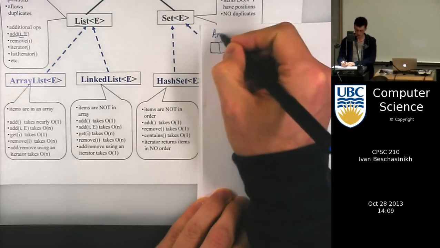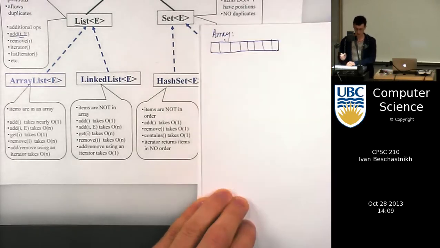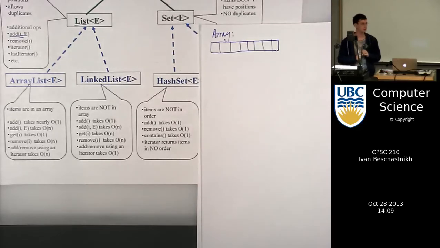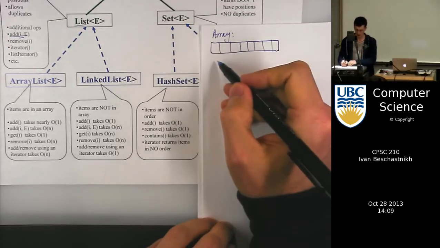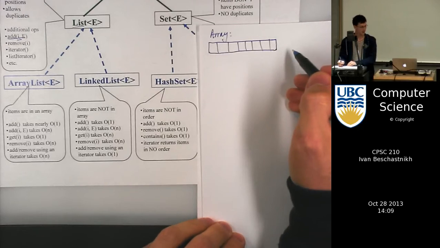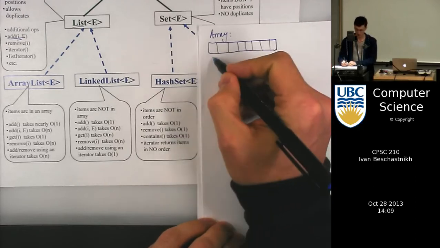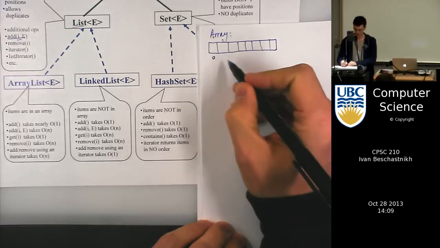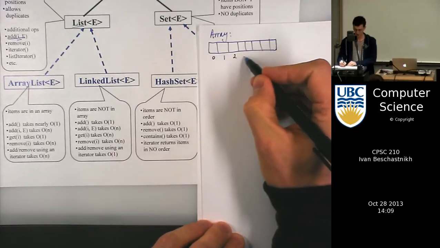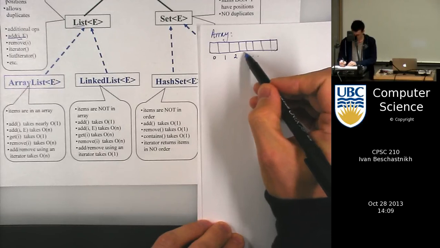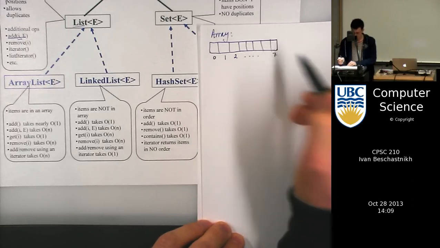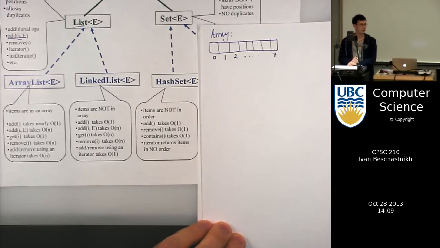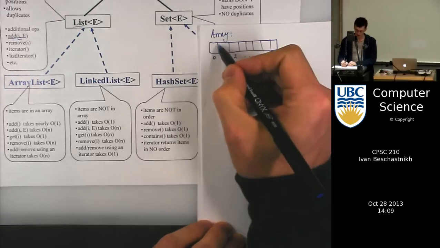So my array will look something like this in memory. And so I can give positions to these elements in my array. So this might be position 0. In computer science, we start counting at 0. Then you'll have position 1, 2, and so forth. 3, 4, 5, 6, 7.